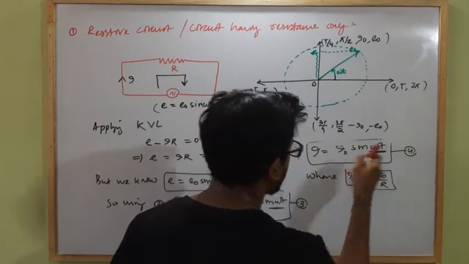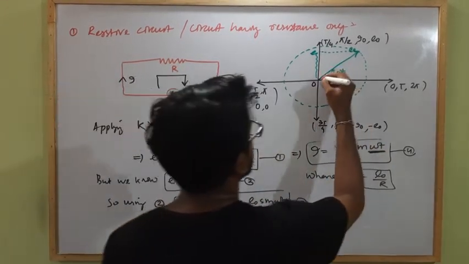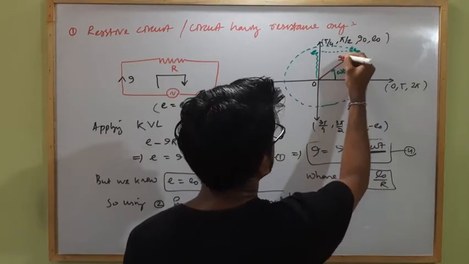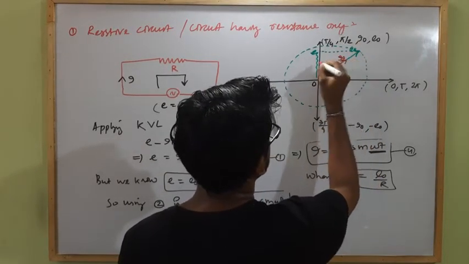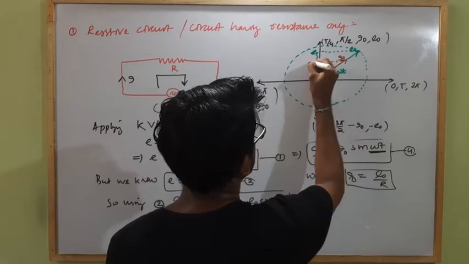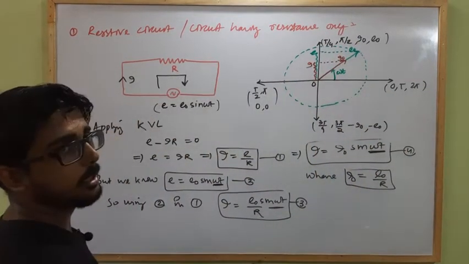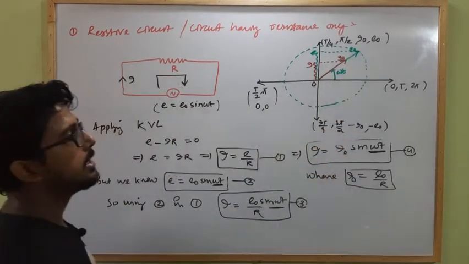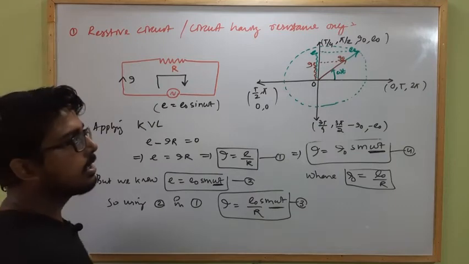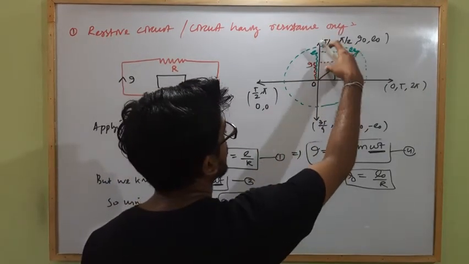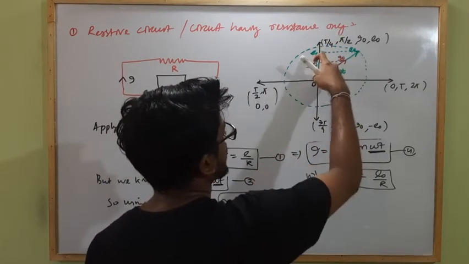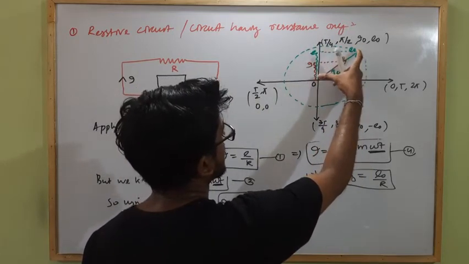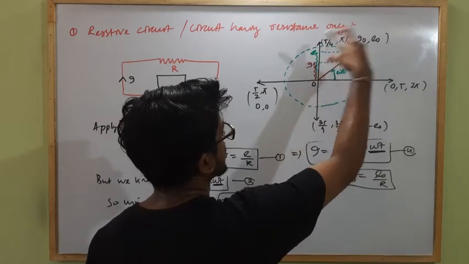I will also be I naught sin omega t. So this is the expression for I. This is I naught, and this projection, this length, will be what? I, which is equal to I naught sin omega t. So as these two are in the same phase, this is the phasor diagram for E and I naught. Clear? And the vertical projection of the vectors along the vertical axis will give us the instantaneous value. If this is I naught, this is omega t, it will be I naught sin omega t. If this is E naught, this will be E naught sin omega t.